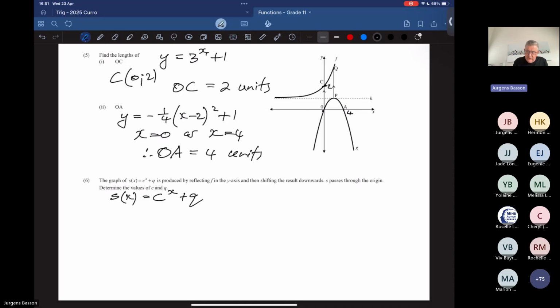S passes through the origin. Determine the values of C and Q. They want this C and Q.